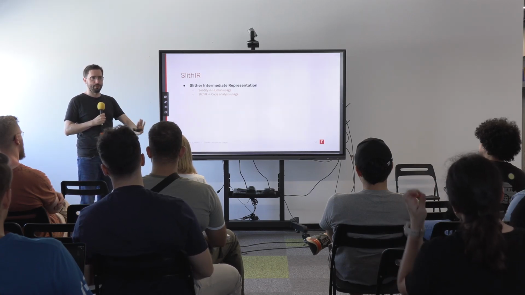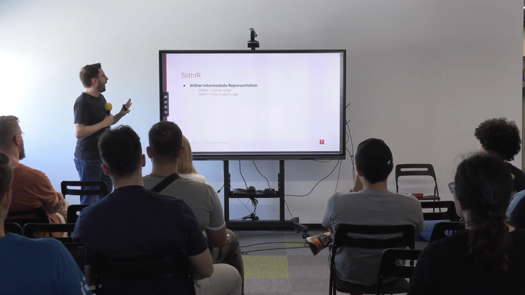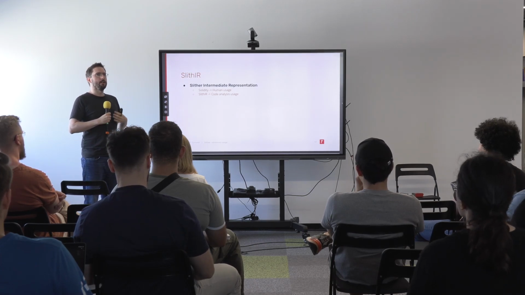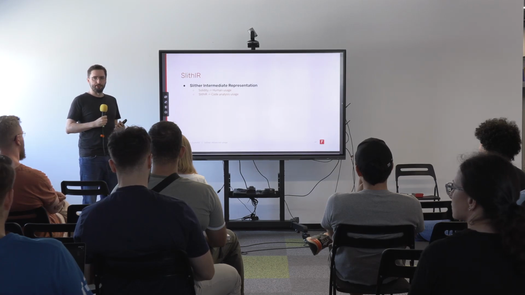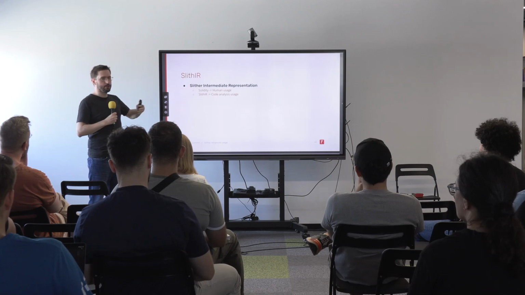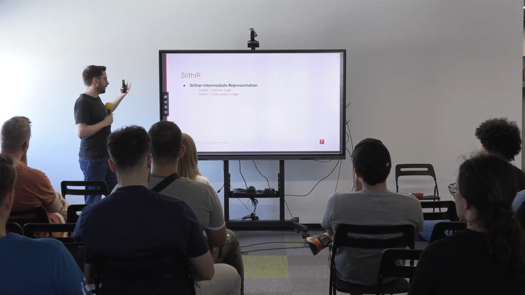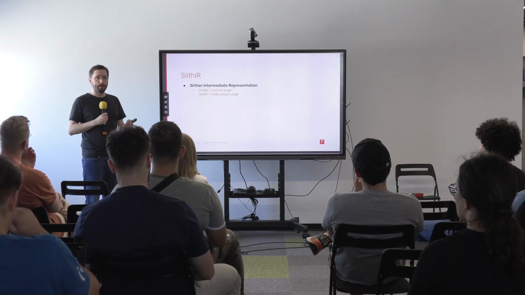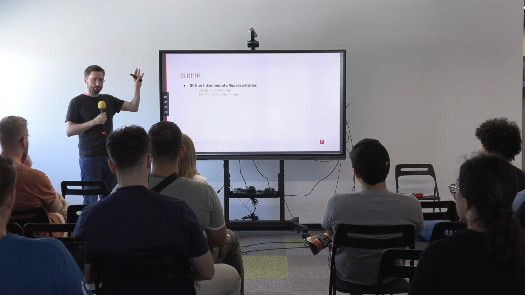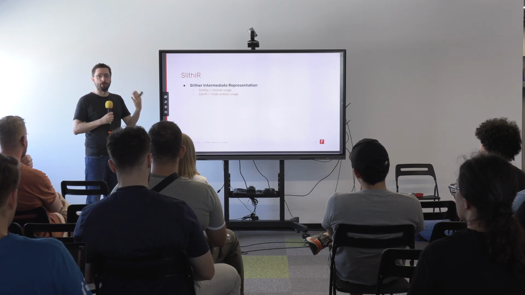Now we go into the intermediate representation. An intermediate representation usually is meant for code analysis. So you have high-level languages, Solidity, Viper, Go, Rust, and so on. But a compiler or static analyzer usually doesn't work on this type of language because they are meant for humans.